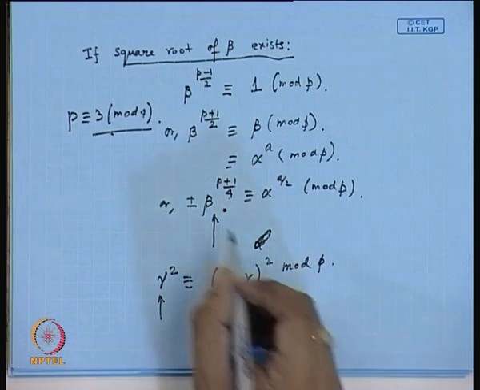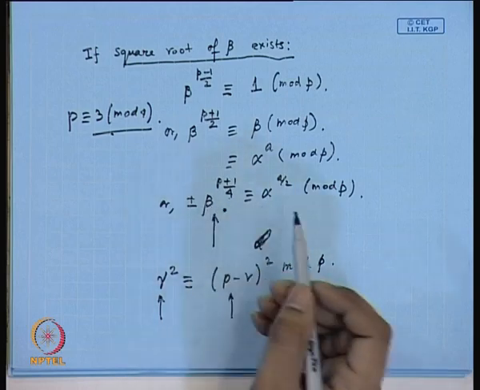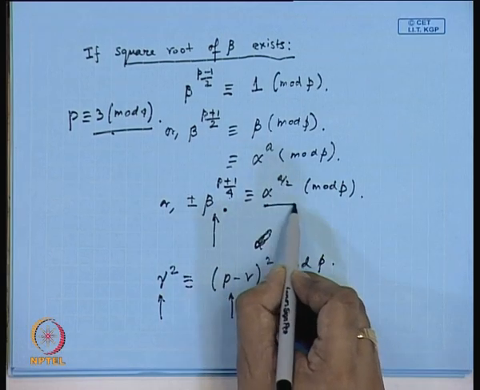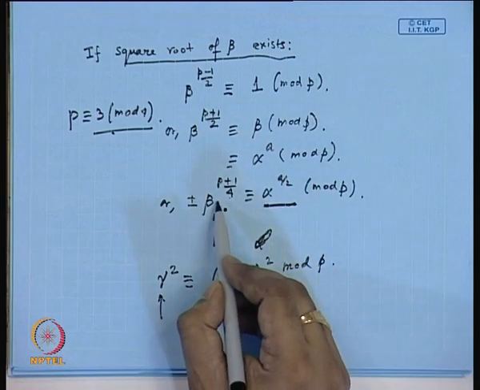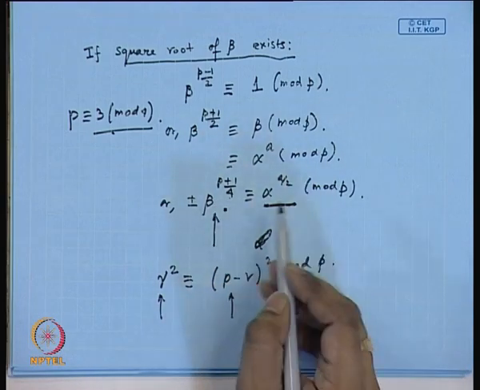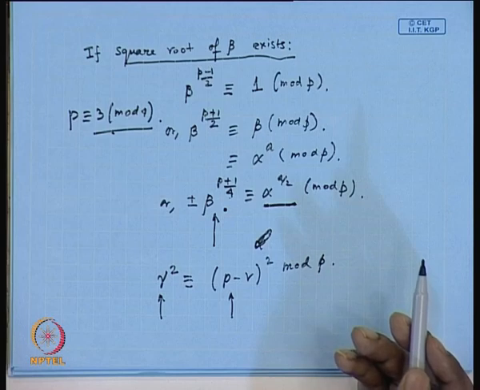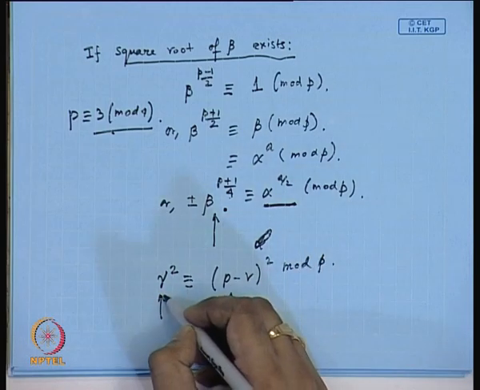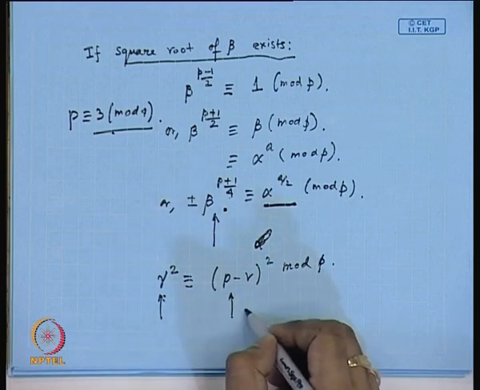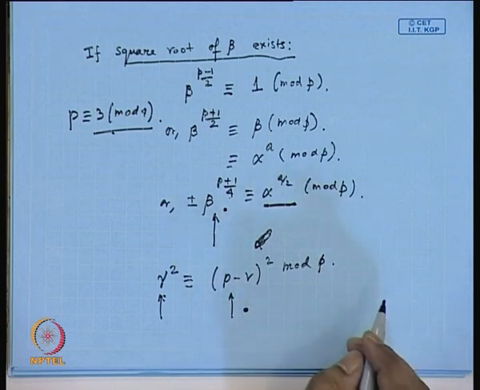Therefore, if I want to compute the square root, it is either plus beta to the power of p plus 1 by 4 or minus beta to the power of p plus 1 by 4, right. And we also know that if one of them is gamma, then the other one will be p minus gamma, because there are only 2 square roots. If the square root exists, then there are 2 square roots.